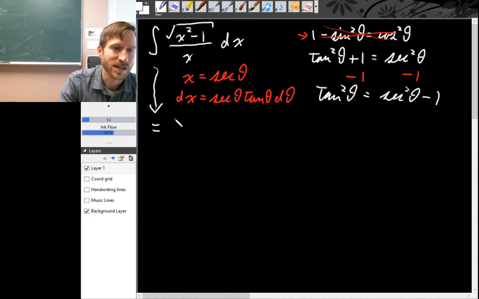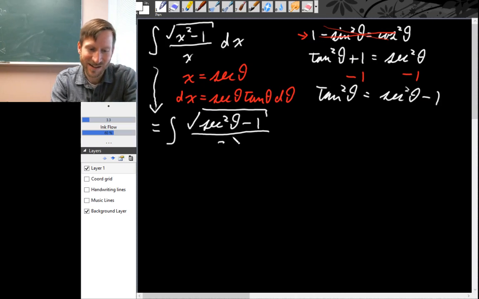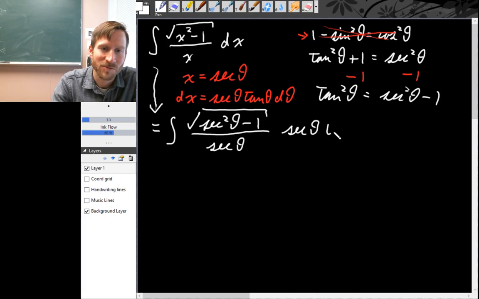We get the integral of, so this numerator is the square root of secant squared theta minus 1 over x, but x is secant theta, times dx, and dx is secant theta times tangent theta times d theta.